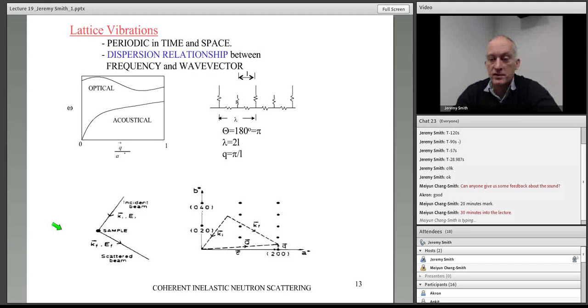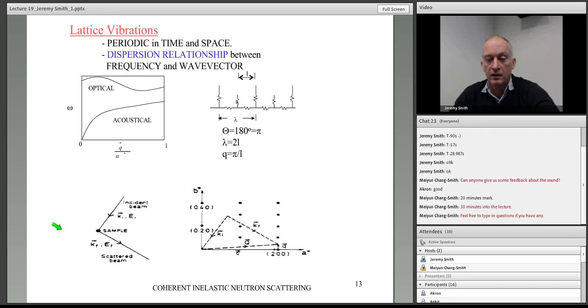How do we measure interacting proteins? Well, one unique technique that neutrons possess is the ability to measure lattice waves going through crystals. Here's how we think of lattice waves.